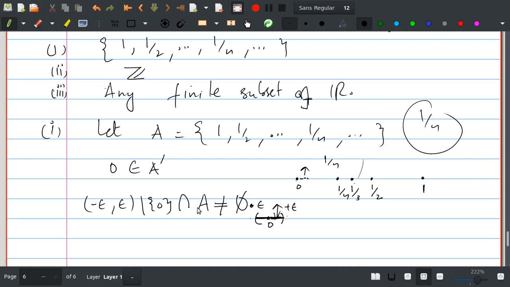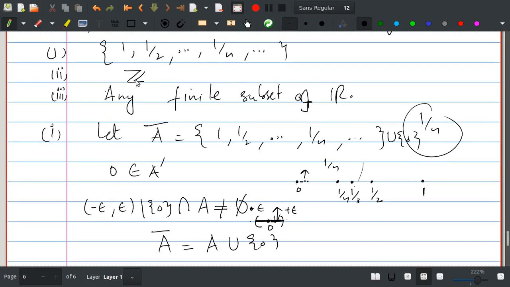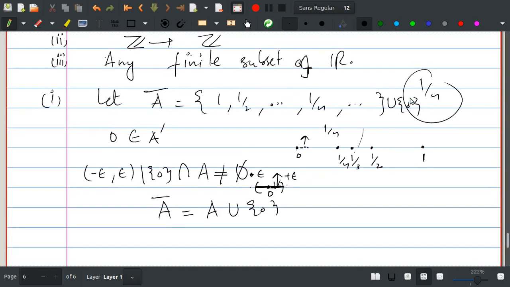So this would imply that 0 is a limit point of A. So 0, not being an element of A, is still a limit point of A. So the closure of A is A union 0. Now it is left as an assignment to prove the closure of Z is Z itself, and the closure of any finite subset of R is the finite subset itself.